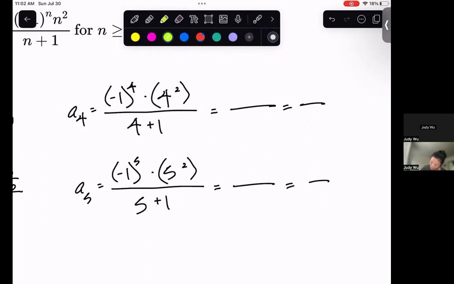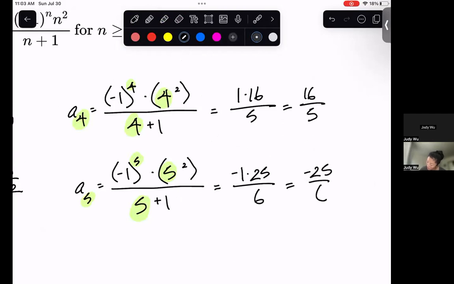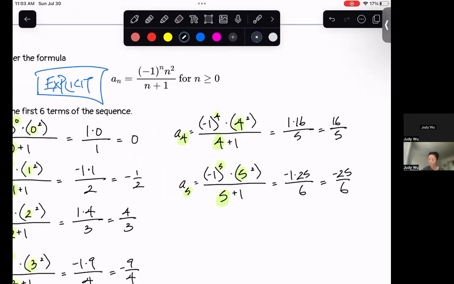All right, we've got all our 4's in place. We've got all our 5's in place. We get 1 times 16 over 5, which is 16 over 5. And then negative 1 times 25 over 6 is negative 25 over 6.